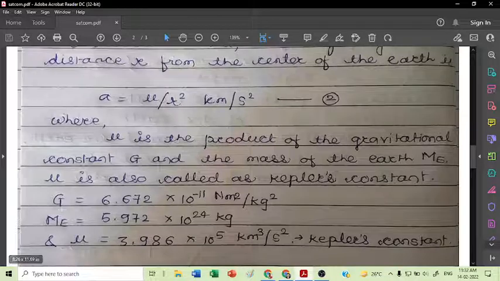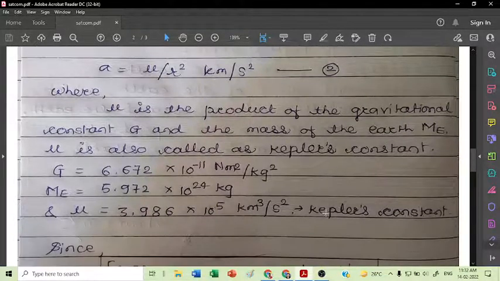These constants are: G is 6.672 into 10 to the power minus 11 Newton meter square per kg square. Mass of the earth is 5.972 into 10 to the power 24 kg, and mu, the Kepler's constant, is 3.986 into 10 to the power 5 kilometer cube by second square.